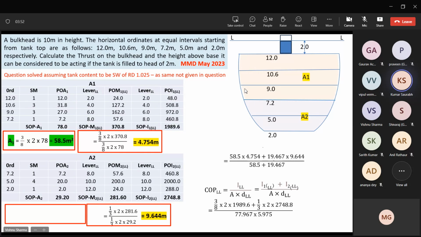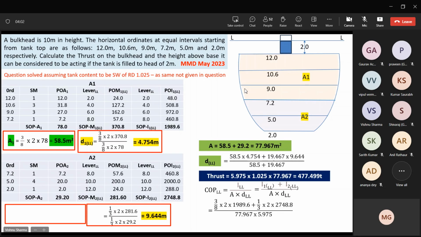Okay, I think everything is there now. The last part, COP base, is left.